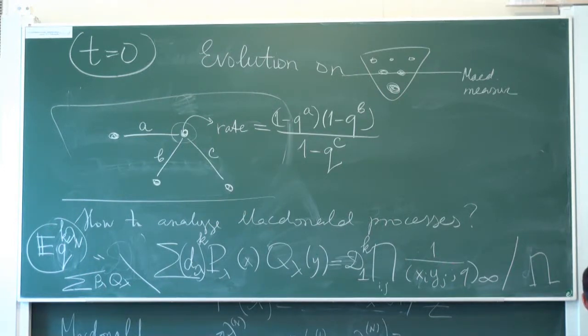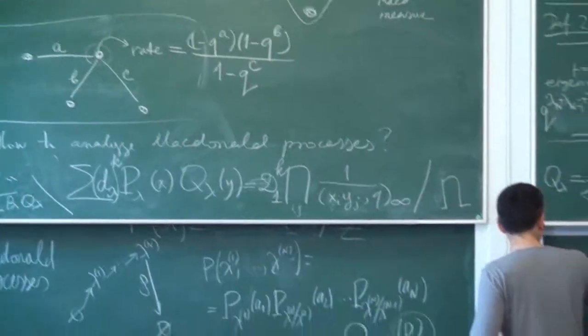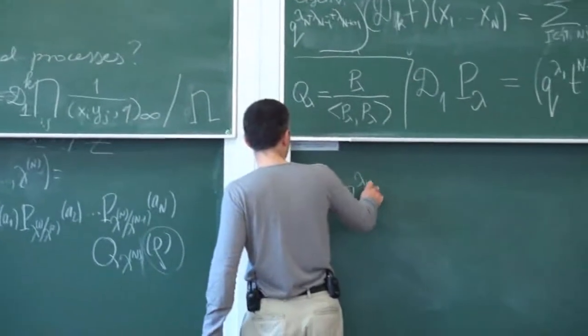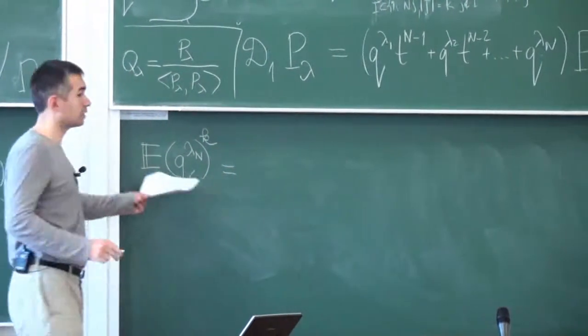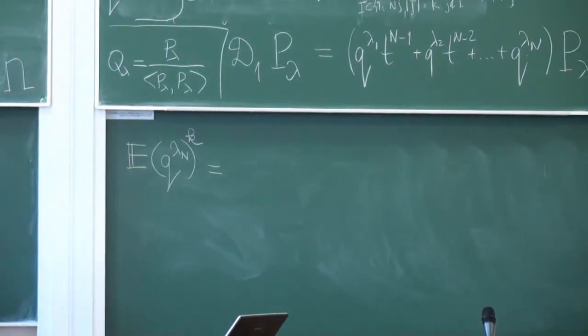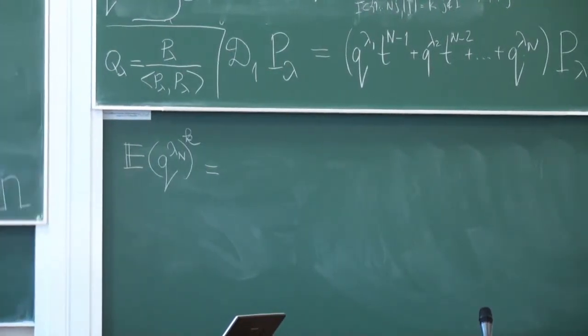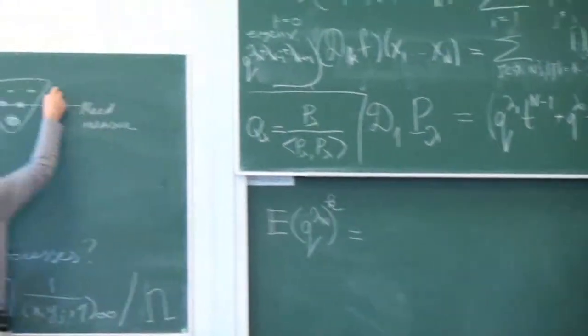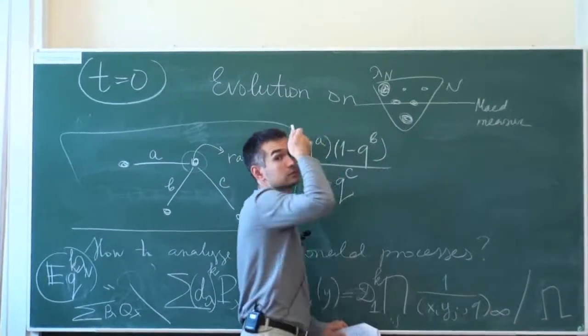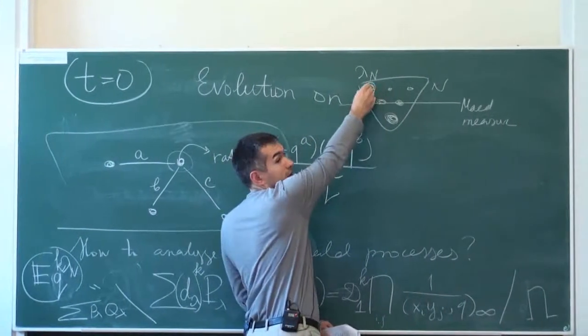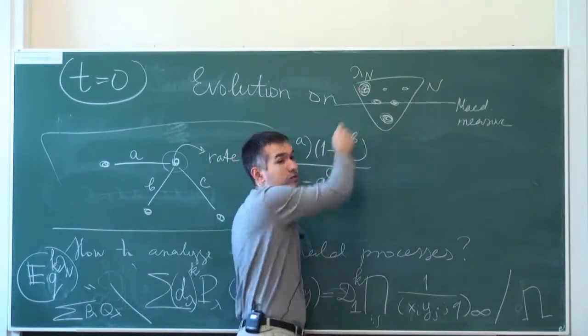So here is the formula. The expected value of q to the lambda n raised to the power k. And this is for the dynamics that I showed. So this particle here in the nth level, this is essentially lambda n. And so I'm writing the expectation of q raised to this position.